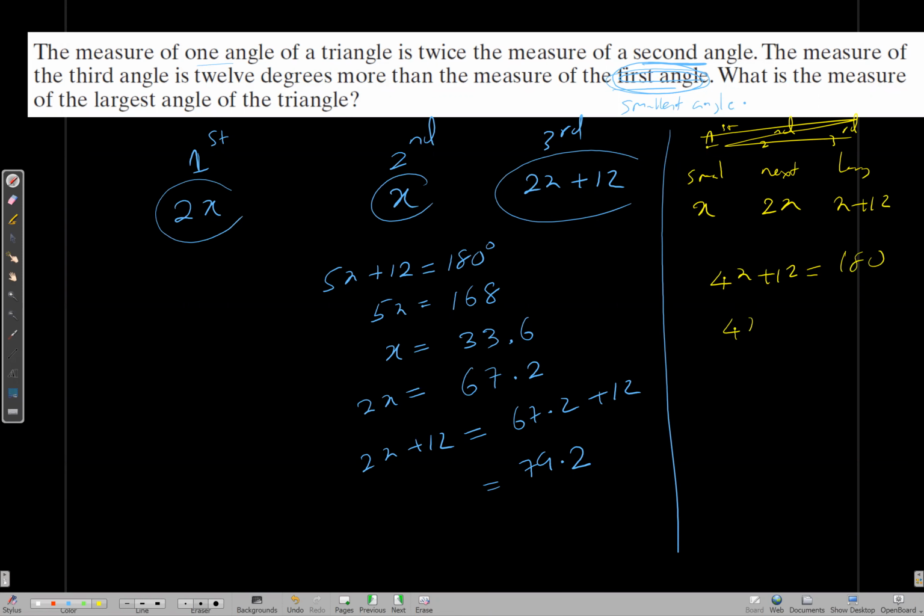So 4x equals 168. Now we are dividing by 4, so x is 42, and 2x is 84. And 2x plus 12 is 96, right?